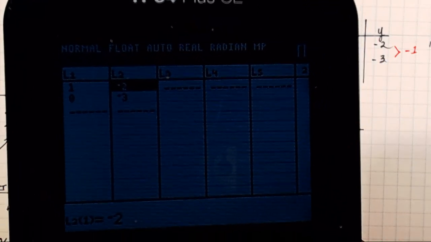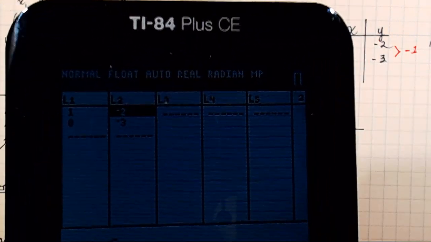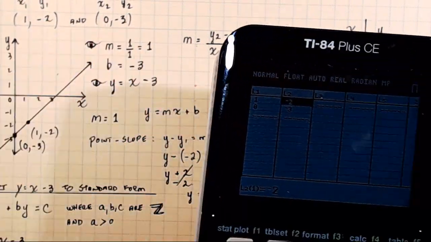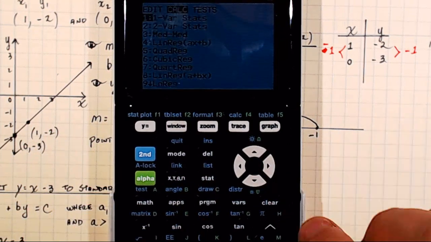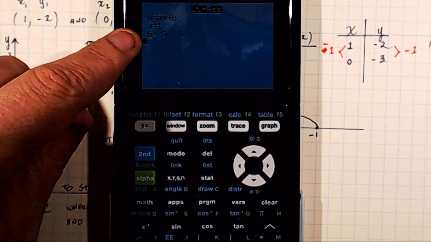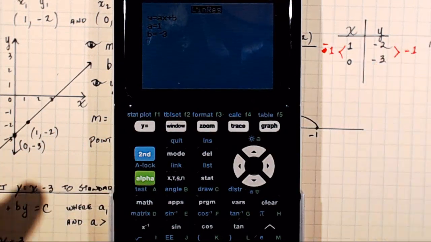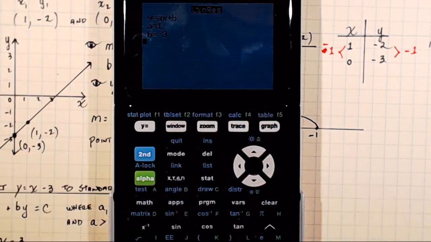So for L1 it was 1 and 0, 1 and 0, and then for L2 it was negative 2 and negative 3, negative 2 and negative 3. All right, so now go back to Stat, Calc, LinReg ax plus b, enter, enter, enter, enter, and then you're given a equals 1, b equals negative 3. So that means the slope is 1, the y-intercept is negative 3. So again, y equals x minus 3.